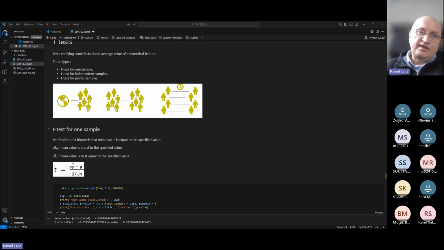The test statistic which is used for this test has its form, and the distribution of the statistic is defined as the t-Student distribution. The statistic is here. It is the average value for the sample, and here for the population.